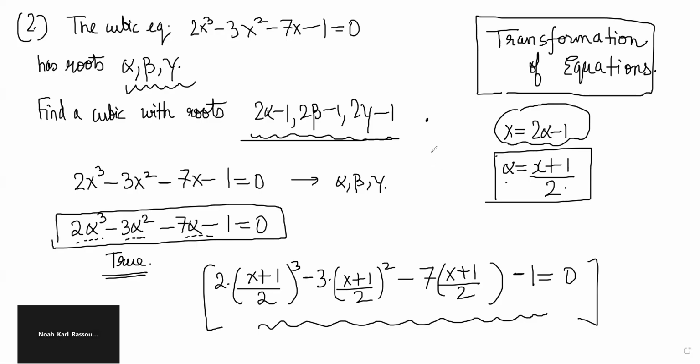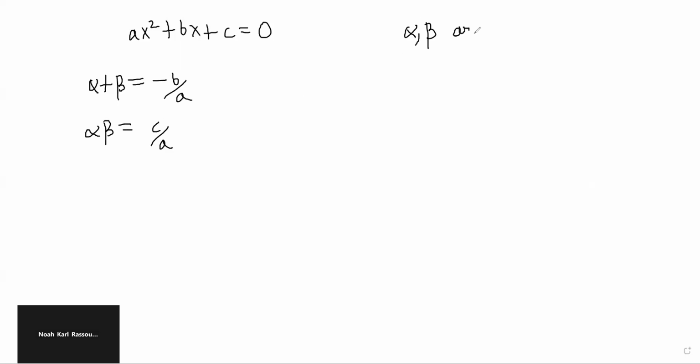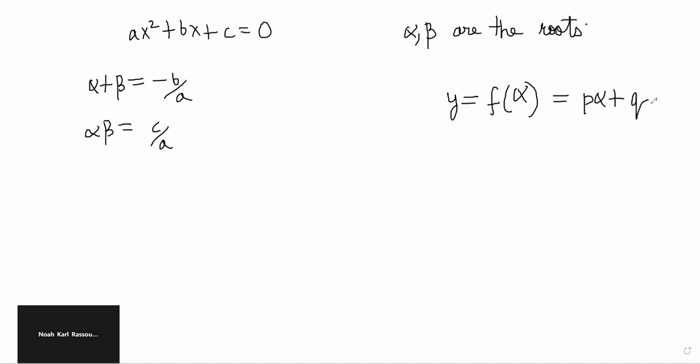The point is that if you have a quadratic, let's say ax square plus bx plus c equals 0, and we know alpha plus beta is equal to minus b over a, and alpha beta is equal to c over a, and alpha beta are the roots, right? Now you might have a new function y is equal to some function of alpha. Let's say it is p alpha plus q, right?